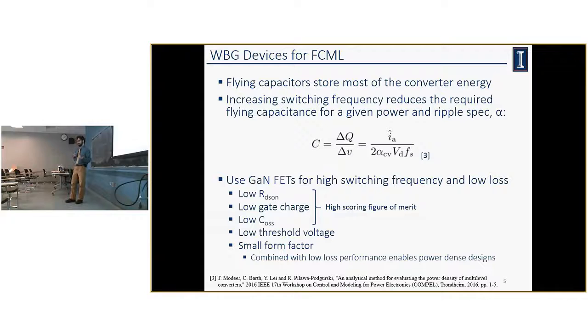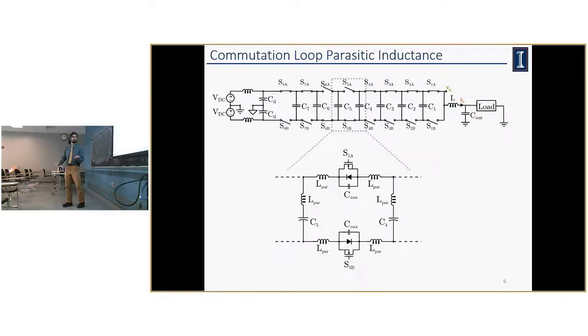Additionally, they typically only require a low threshold voltage to turn on, and this is convenient because we can drive them with logic supplies we already have present on our converter. And in many cases, especially with the chip scale devices I'll be discussing in this study, we can find them in a very small form factor. So combining that with the low losses really enables power dense designs.